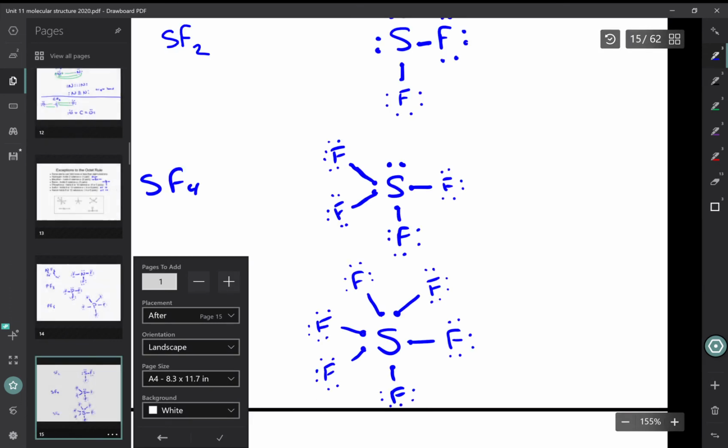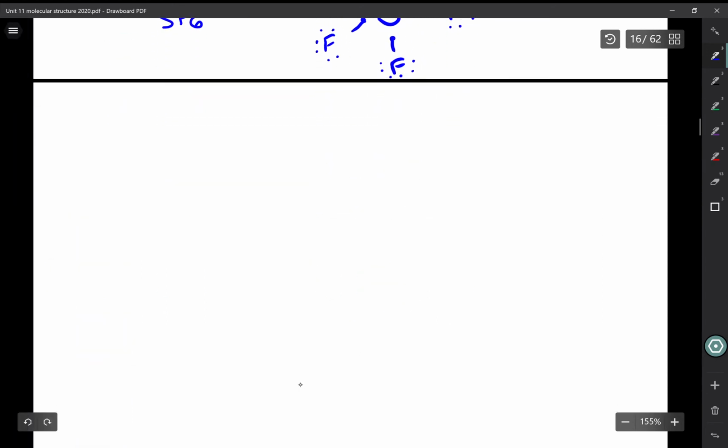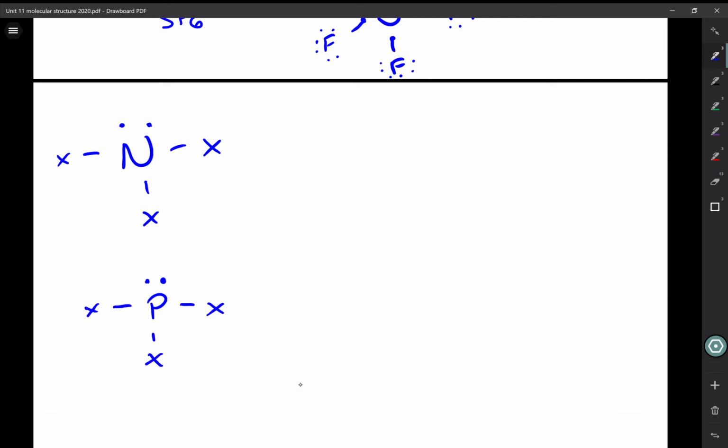We showed you before that phosphorus can split up and add on 2 more bonding sites. However, nitrogen can't do that.